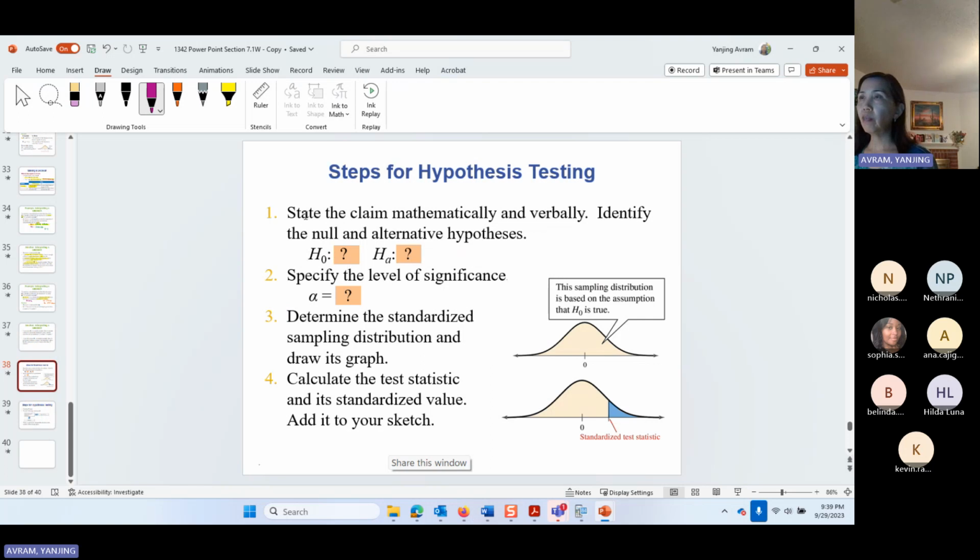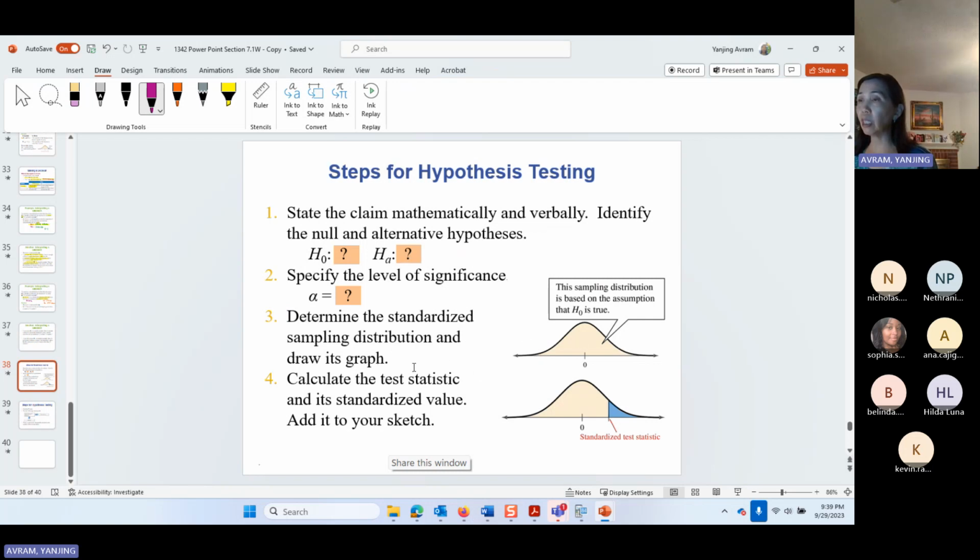All right, so the steps to do the hypothesis testing. First, you have to write down the null and alternative one, and then you have to specifically identify your level of significance. So that means you have a 5% error or 10% error in this kind of thing. And then you need to do the Z test or T test, okay?